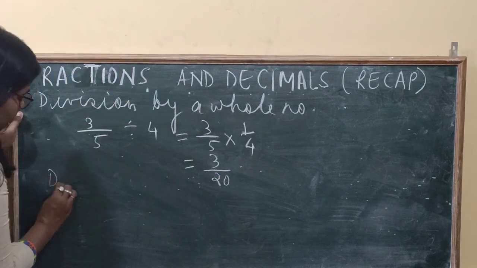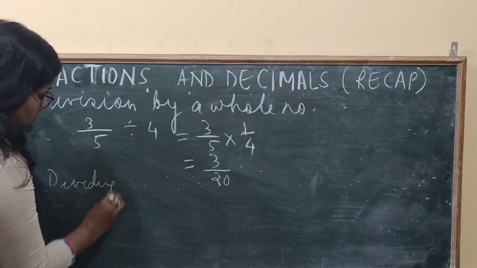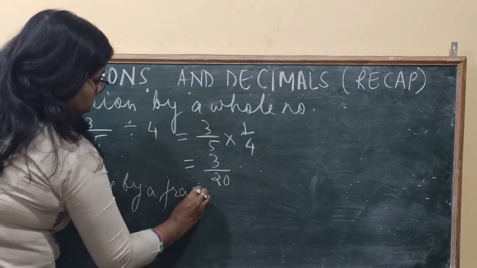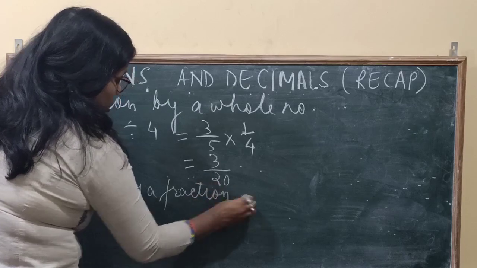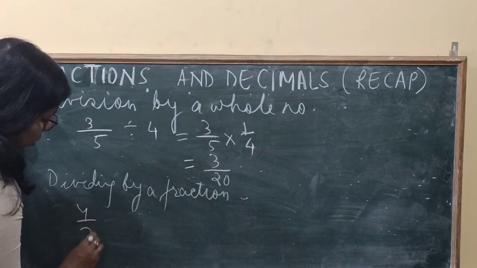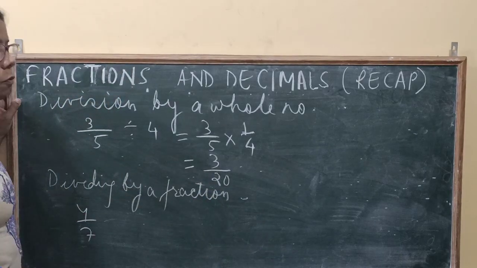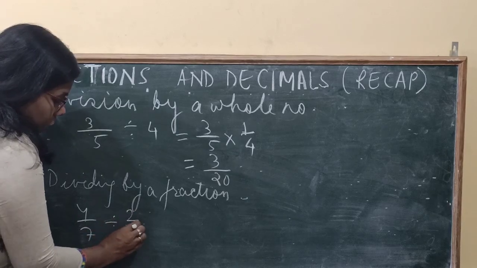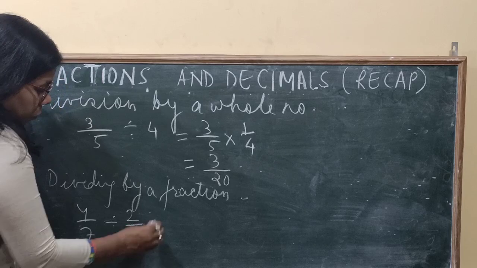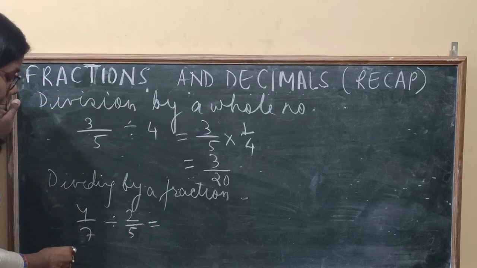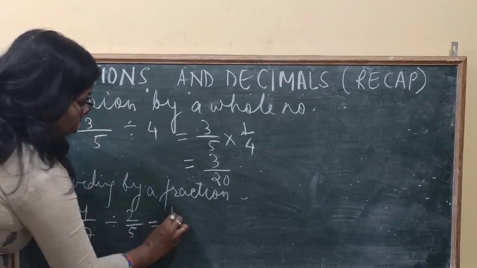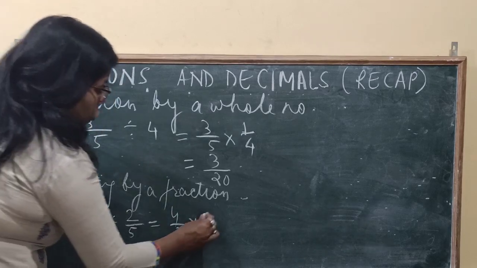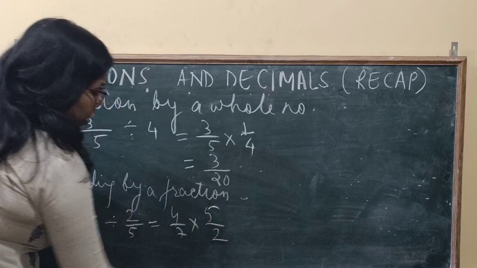When we are dividing by a fraction, then let us take 4 by 7 as the first fraction and we will divide it by 2 by 5. What do we do? We are actually multiplying 4 by 7 by the reciprocal of 2 by 5. Reciprocal of 2 by 5 is 5 by 2.